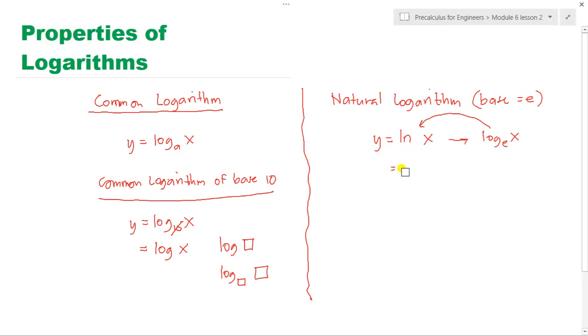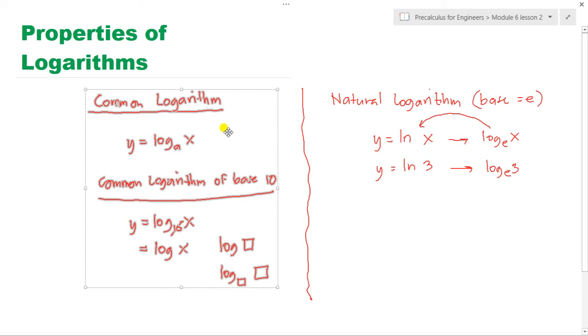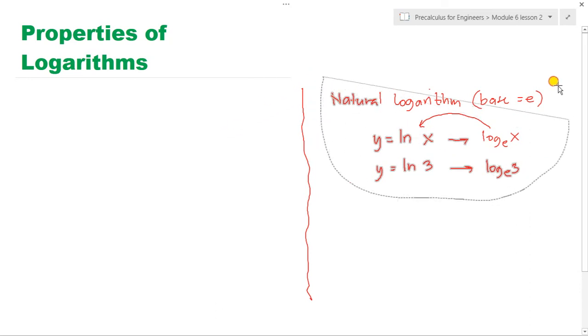Let's say this is ln of 3. It is equivalent to log of 3 to the base of e. Again, we have the common logarithm and the natural logarithm, and we can now apply them to the properties. We will have a table of our properties for the common logarithm and the natural logarithm.